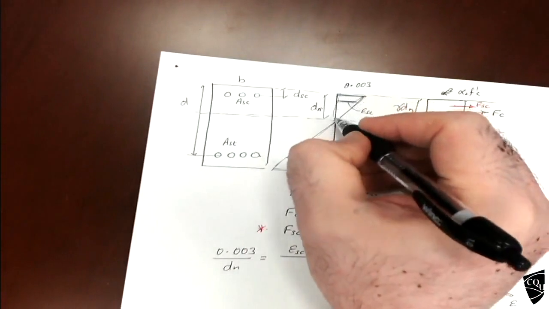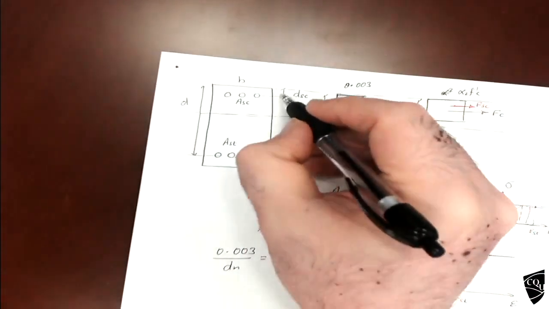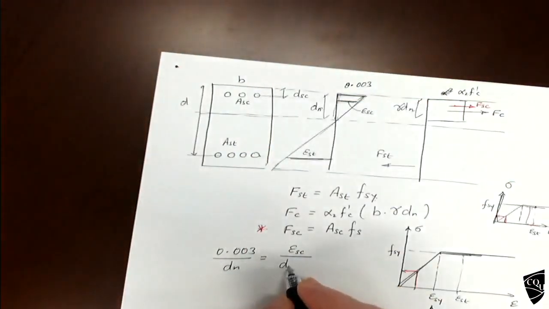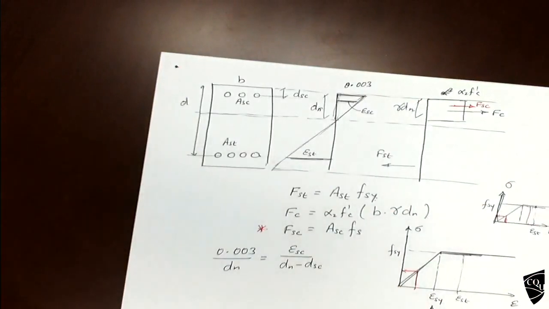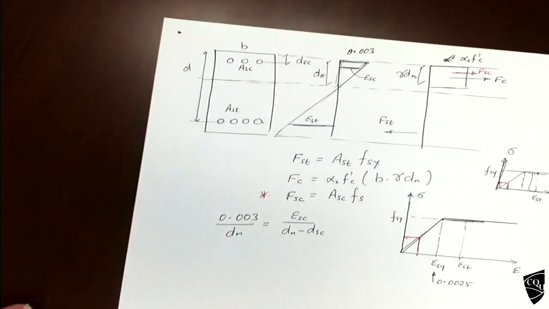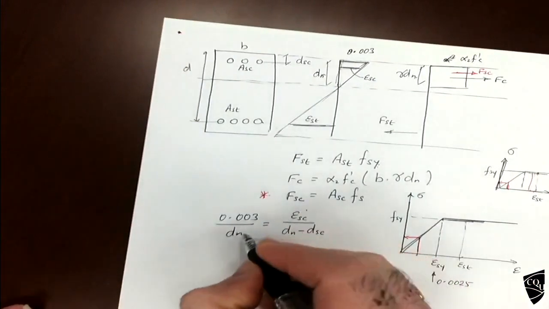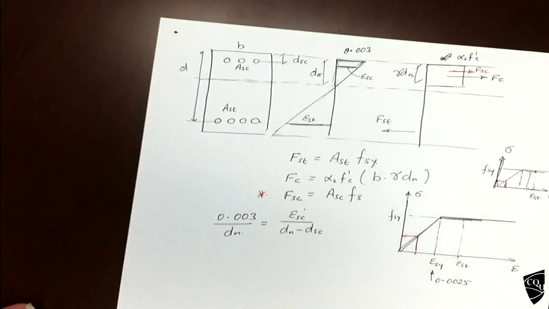So this is dn, this is dsc, so dn minus dsc. At the moment I don't know this value, I don't know both. dsc is given as 40.